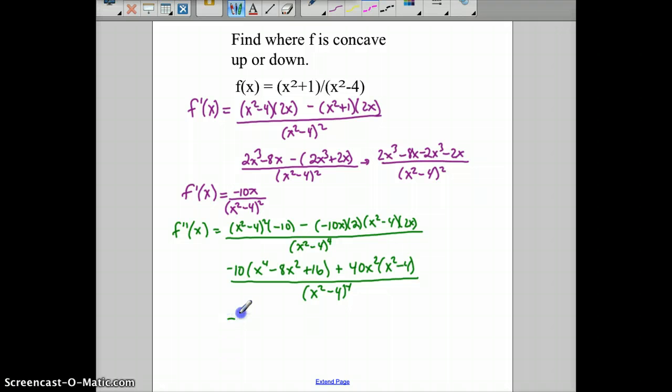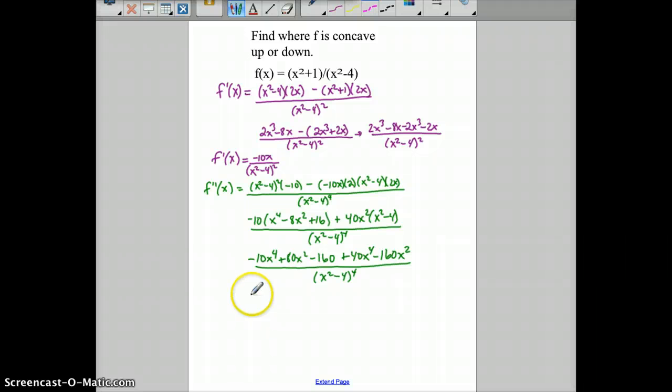So negative 10x to the fourth plus 80x squared minus 160, plus 40x to the fourth minus 160x squared. Combining like terms still, I'll have 30x to the fourth minus 80x squared minus 160 over (x squared minus 4) to the fourth.